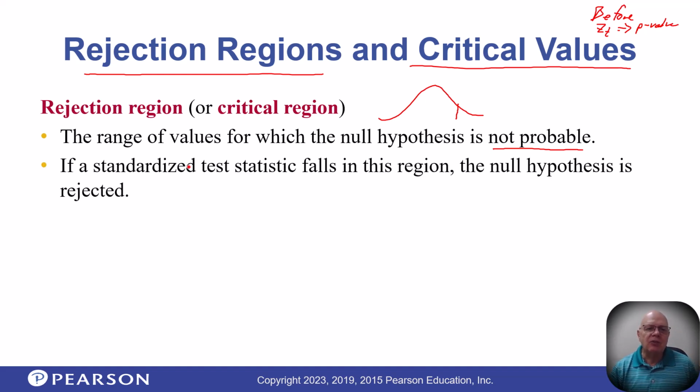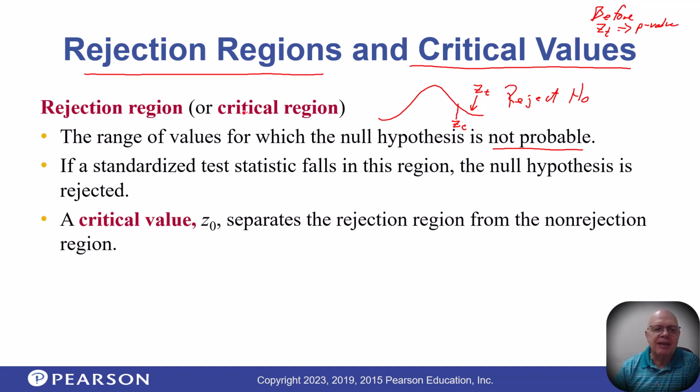If the standardized test statistic falls in that region, the null hypothesis is rejected. In other words, if this is our critical z value right here, if our test statistic falls in here, then we're going to reject the null. And a similar thing is true working from the left side or from both sides.